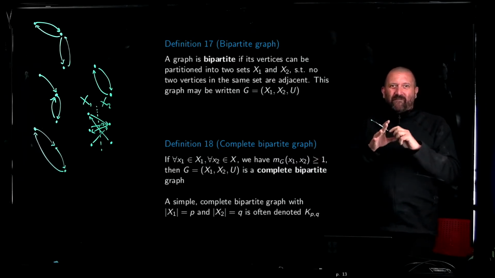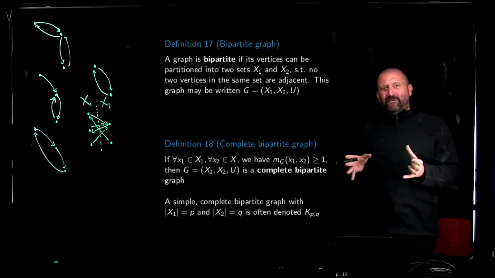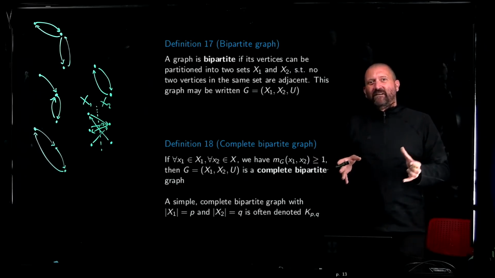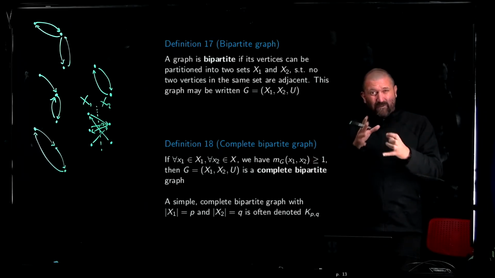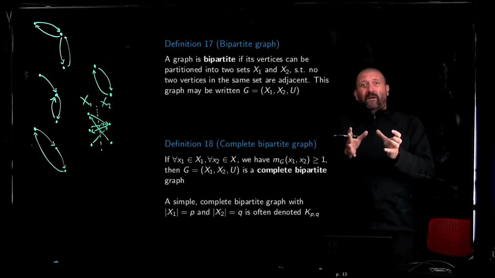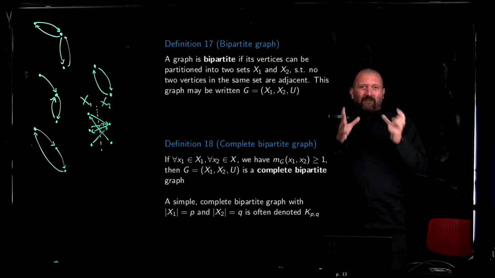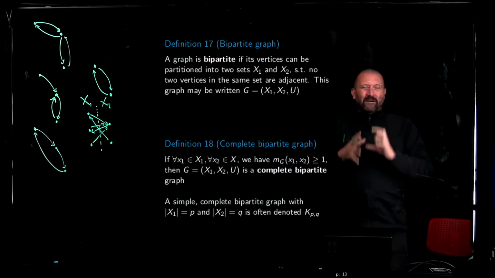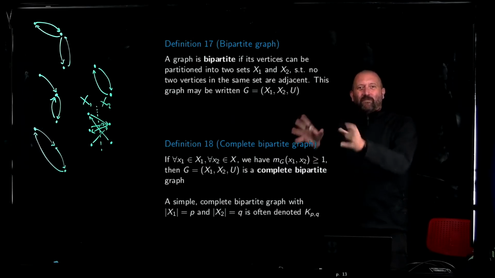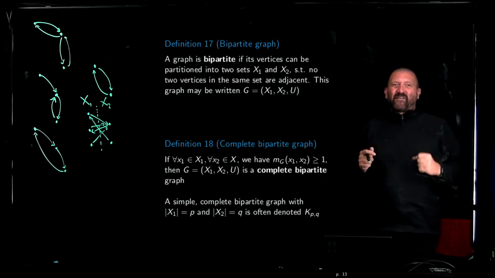You will see there's a relatively standard notation for graphs and digraphs, because some of them have very important properties that are really fundamental, and so we need to have accessible names for them.